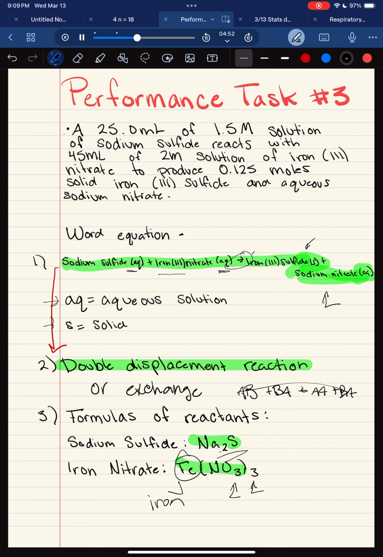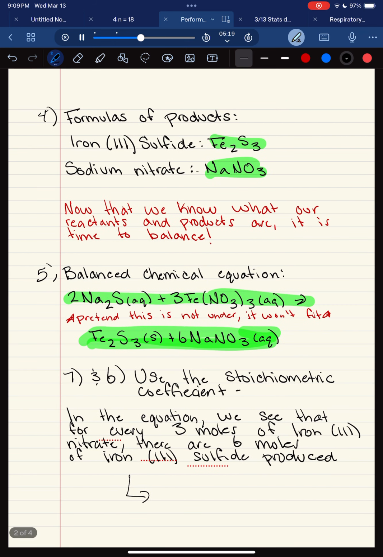That indicates there are 3 nitrate ions in each molecule of iron(III) nitrate. So Fe(NO3)3 signifies that in each molecule of iron nitrate there is 1 iron atom and 3 nitrate ions, if that makes sense.